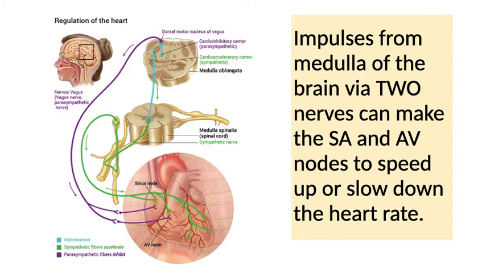For example, when you are exercising and your body starts to need more oxygen, the heart needs to pump the blood faster. So you can see there are two nerves. One will make the SA node and AV node beat faster, and the other one will make both nodes make the heart beat slower.